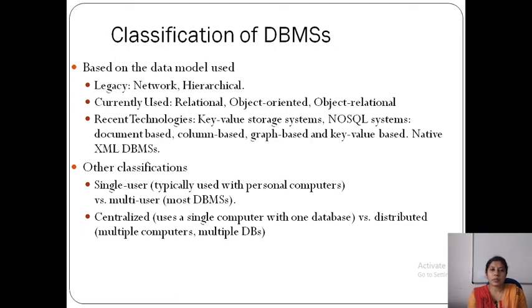Distributed means the database will be distributed among multiple computers. That is called a distributed database management system. So here, instead of a single database, you will be having multiple databases in different systems.